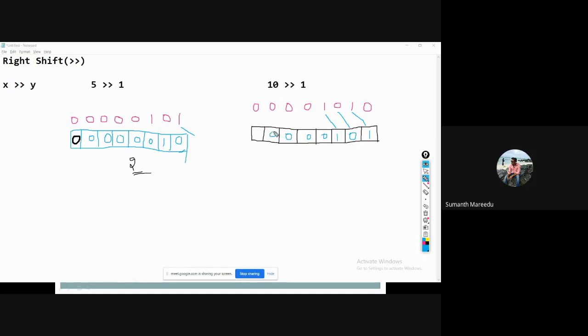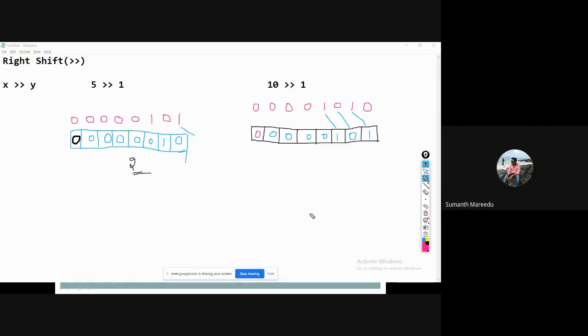When they are moved towards the right side, you are getting an empty position. Fill up this empty position with 0. So prefix your number with 0. If you are moving towards the right side by 2 positions, you will get 2 vacant positions on the leftmost. So fill them with zeros.